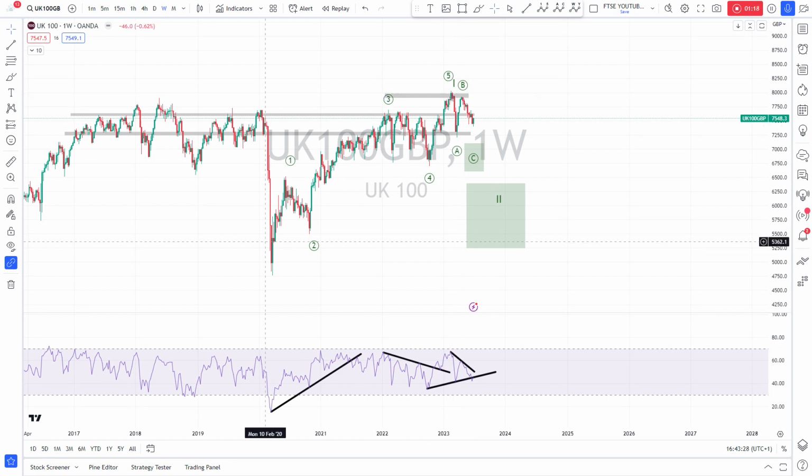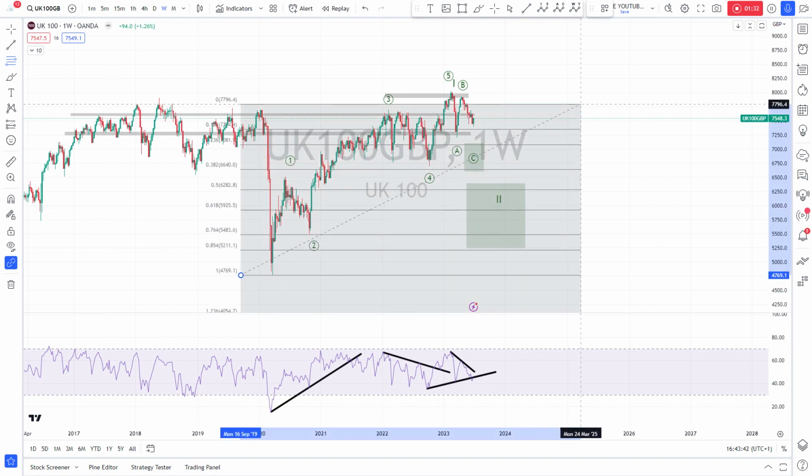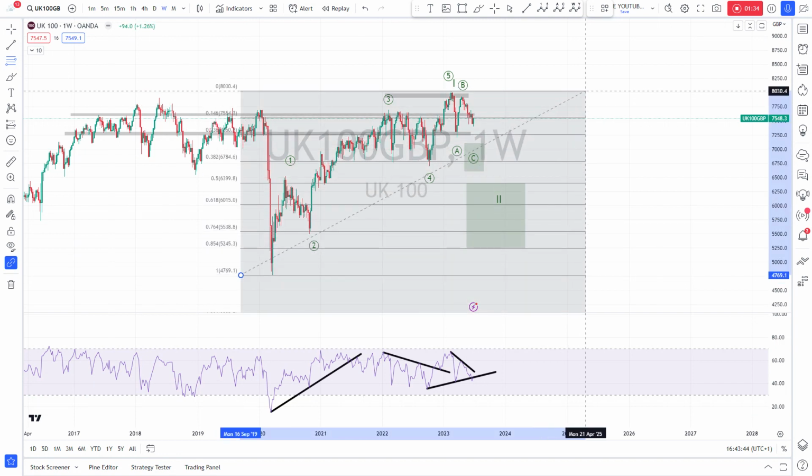And so if we made an impulse up, it means that we have to go down as a correction, so as a wave two. So if this was our high, then the wave 2 should normally end into this area here, the area you find by taking the 0.5 and the 0.854 FIB retracement.